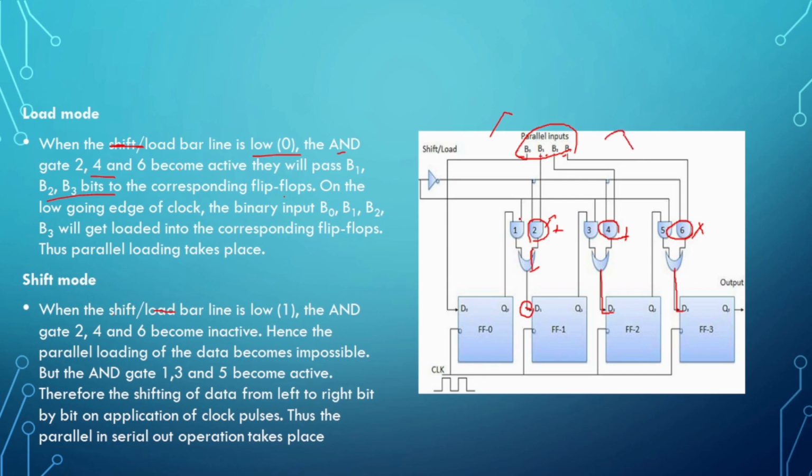But here the remaining AND gates 1, 3 and 5 become active, and the parallel loading is possible when these 3 AND gates become active. Afterwards, the serial in parallel out operation takes place.